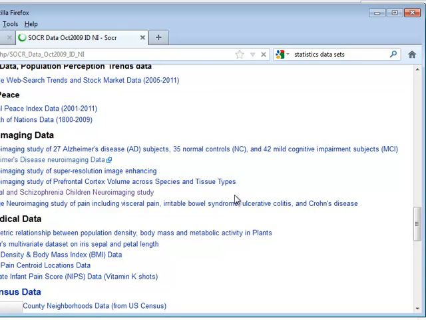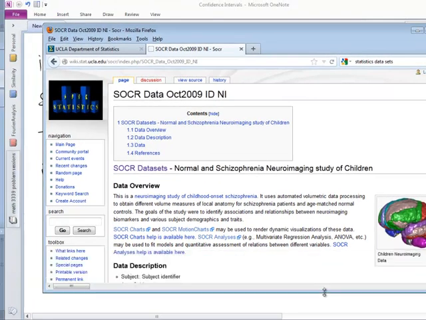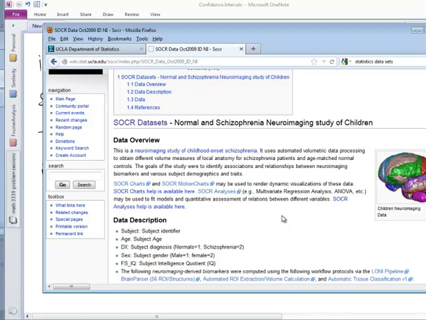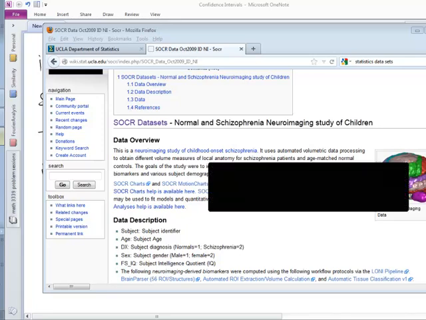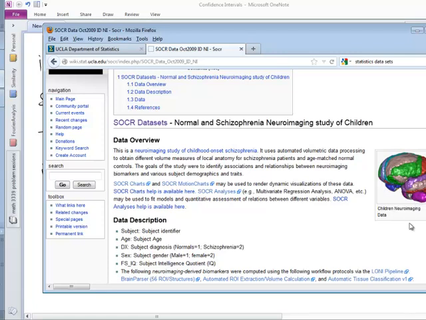Now we go to this study, and let's look at the overview of the study. This is a neuroimaging study where the brain has been segmented into various areas of anatomical and physiological significance, as you see here with the colors in this visualization.